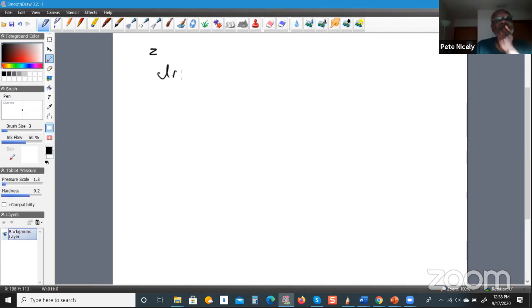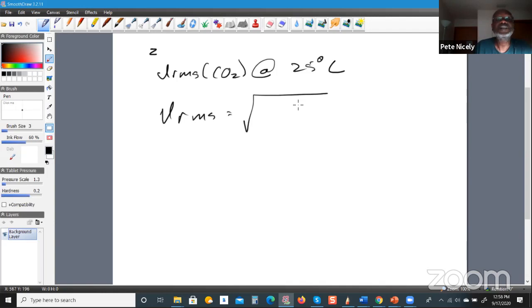What was I about to say? Oh, the root mean squared speed of carbon dioxide at 25 degrees. Your task is to calculate it. Then you just use the equation: URMS is equal to the square root of 3 times 8.31 joules per mole Kelvin times the temperature, which must be expressed in Kelvin, 298 Kelvin, divided by the molar mass of carbon dioxide.